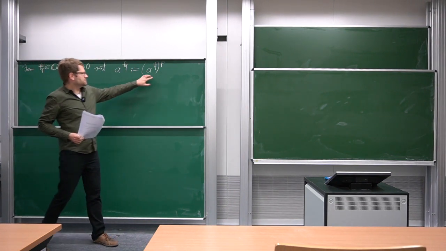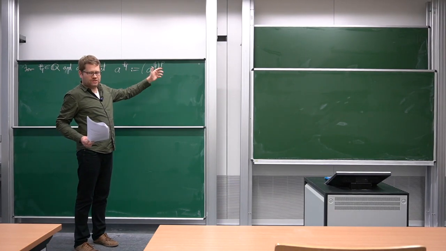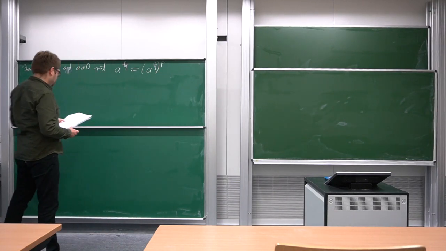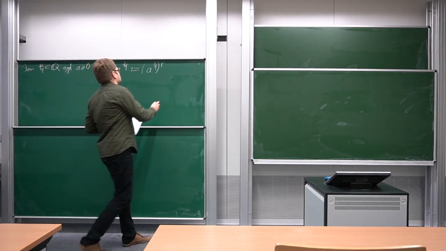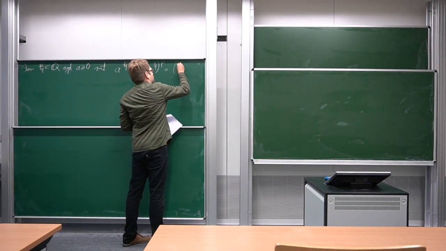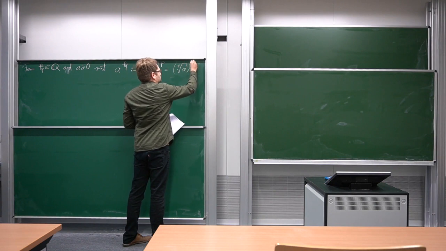This is an element of R, and so this is again multiplication in the field R. So we can formally define this power, right? So this would be the qth root of a to the power p.